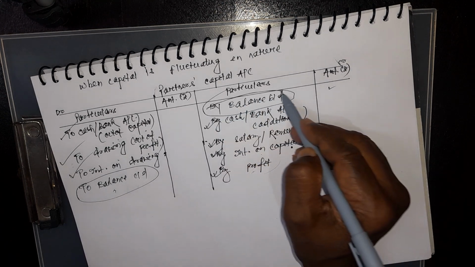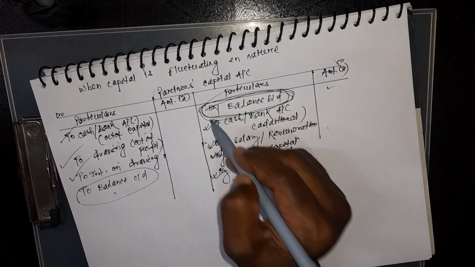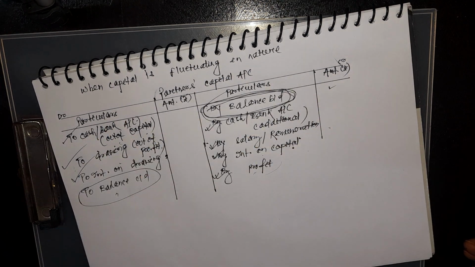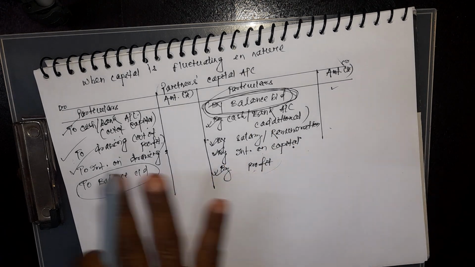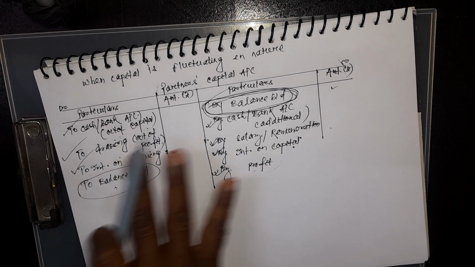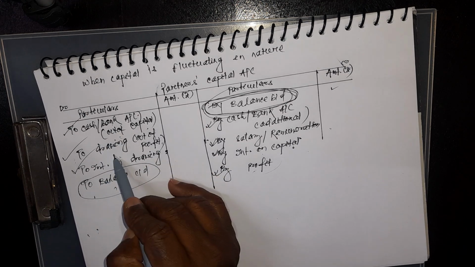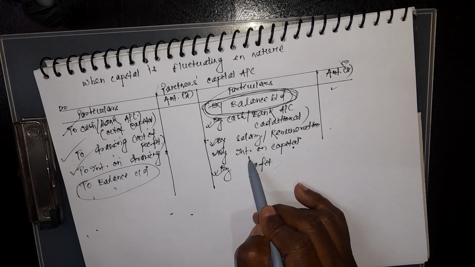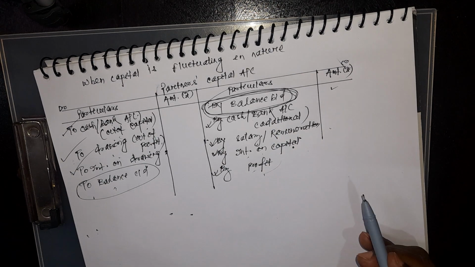Because this formula is lengthy when the capital is fluctuating, you can remember it this way: simply remember what things we generally write on the credit side and what things on the debit side. So you can easily calculate the opening capital.